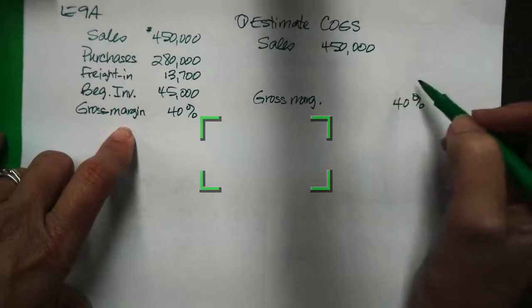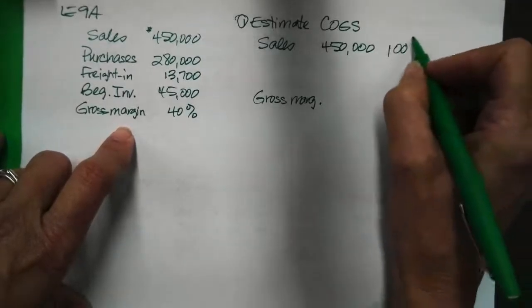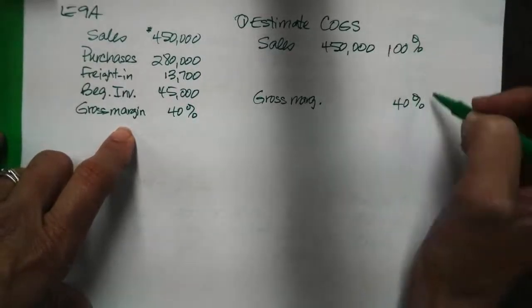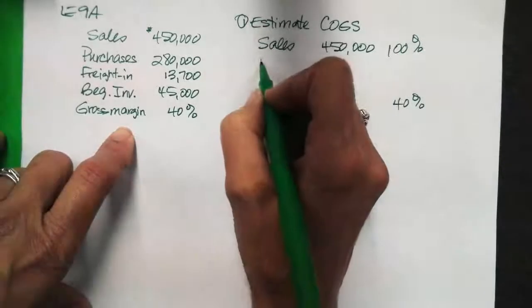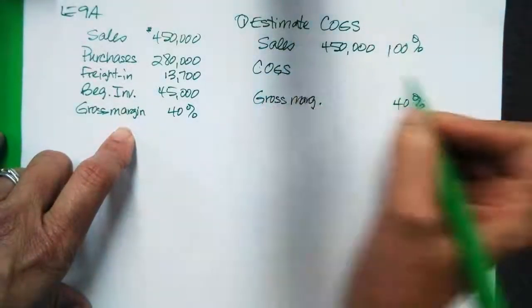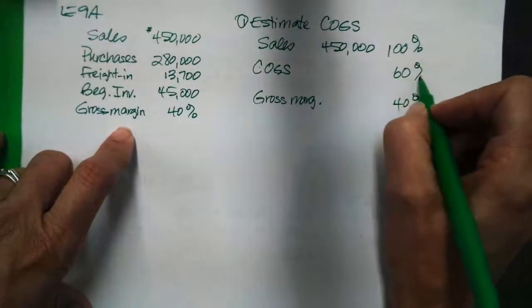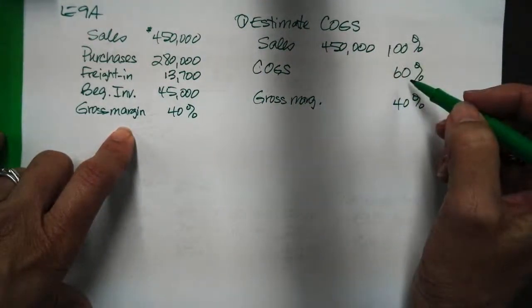I can estimate cost of goods sold. Don't forget, sales is always 100%. If gross margin is 40%, then cost of goods sold apparently is 60% of sales.